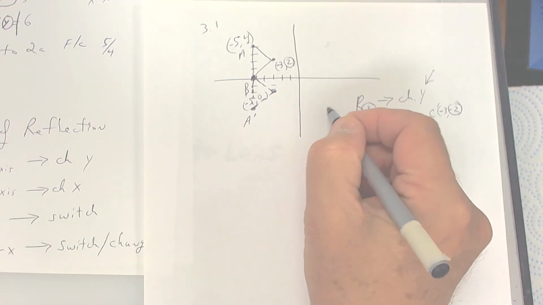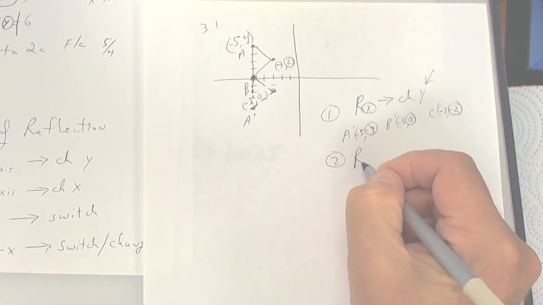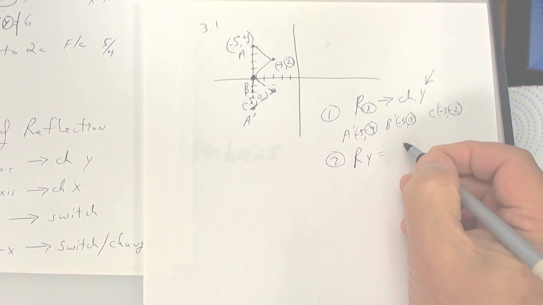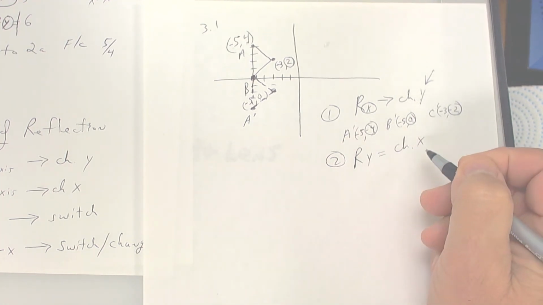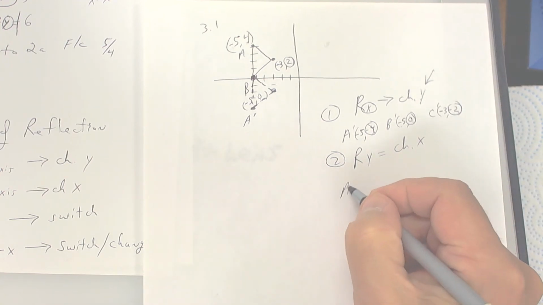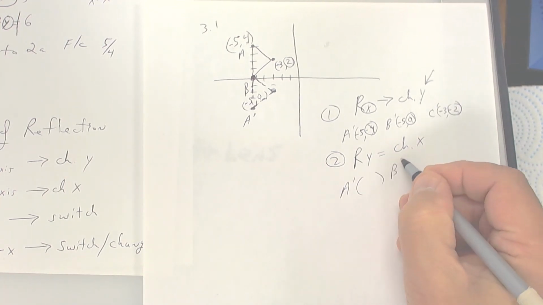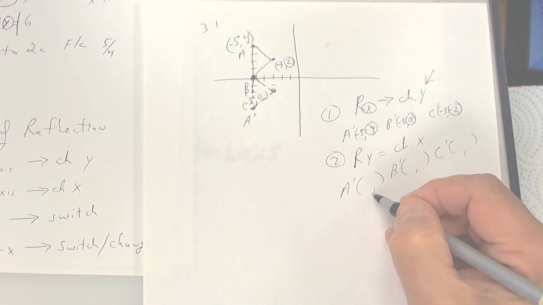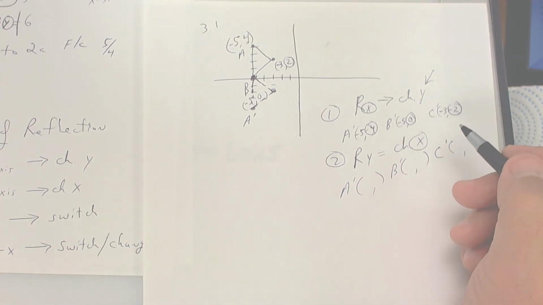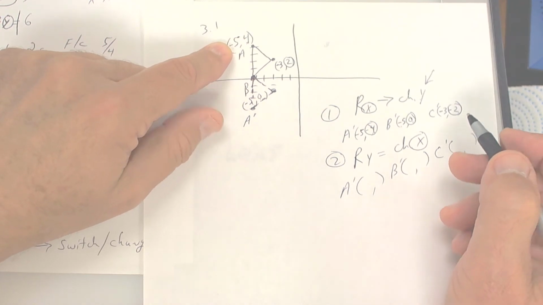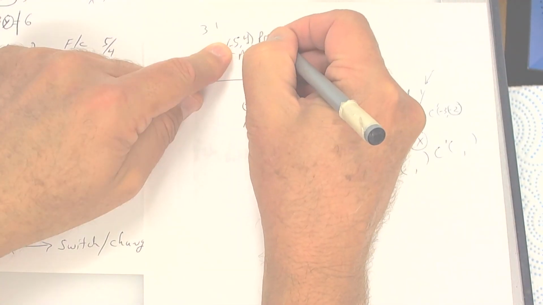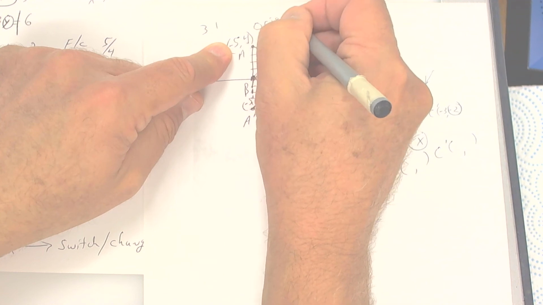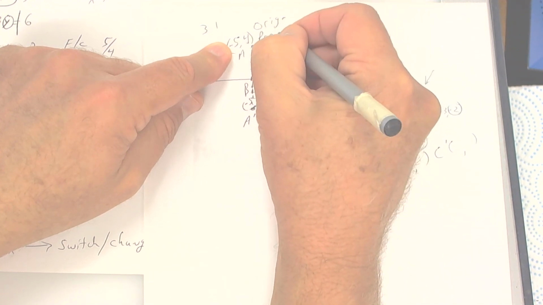Now, for number 2, to reflect over the y-axis, you would change the x. It's the opposite one. So put A prime, B prime, and C prime. Now, I want you, right now, to change the x's. Start with the original. This is called the pre-image. The original, write that down, is called the pre-image.